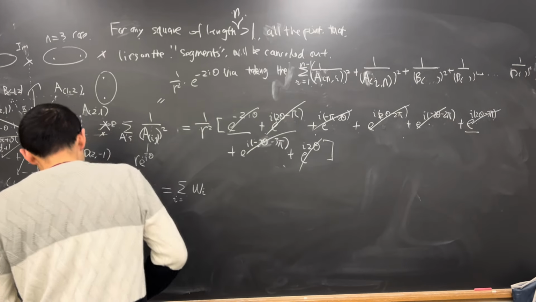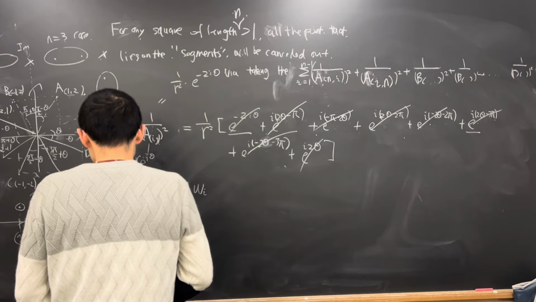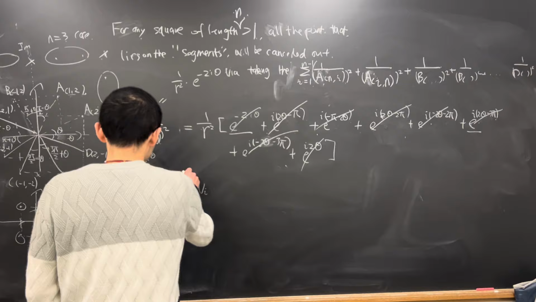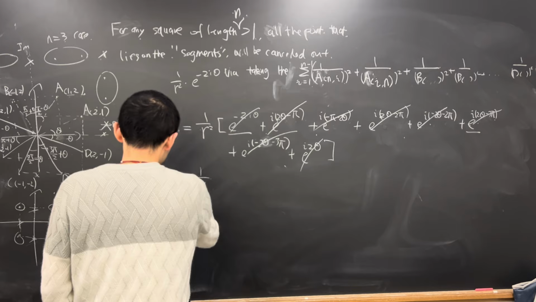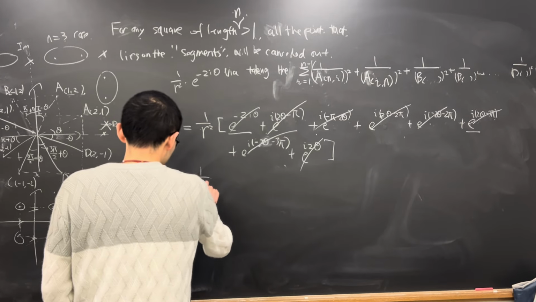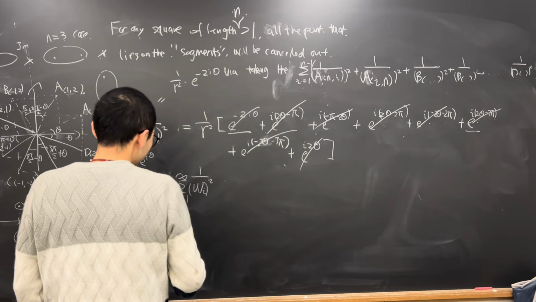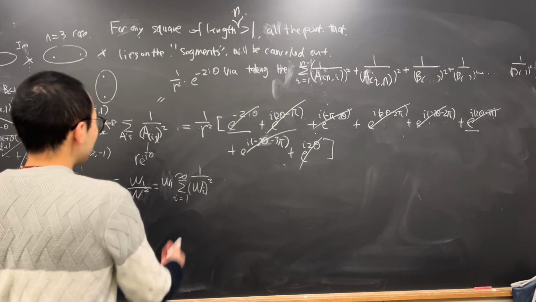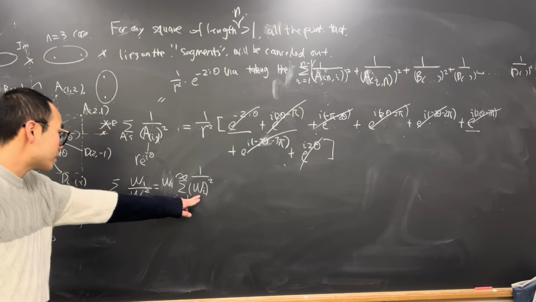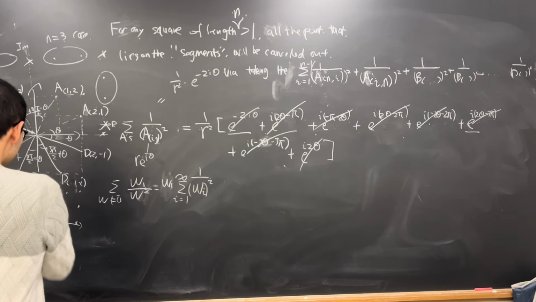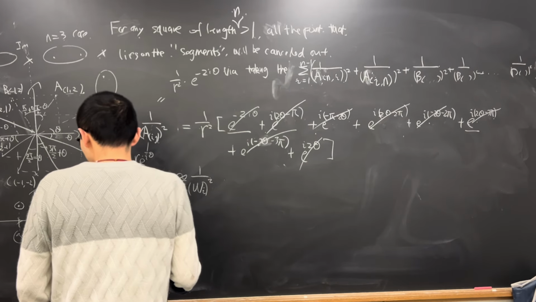Oh, so this omega is not equal to 0. Let's pull the omega 1 front, and then let's do the sum. I'm assuming that there's a natural index.